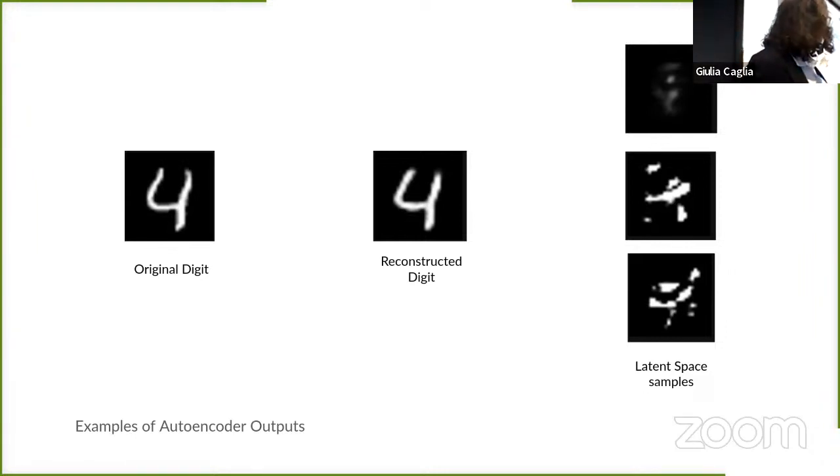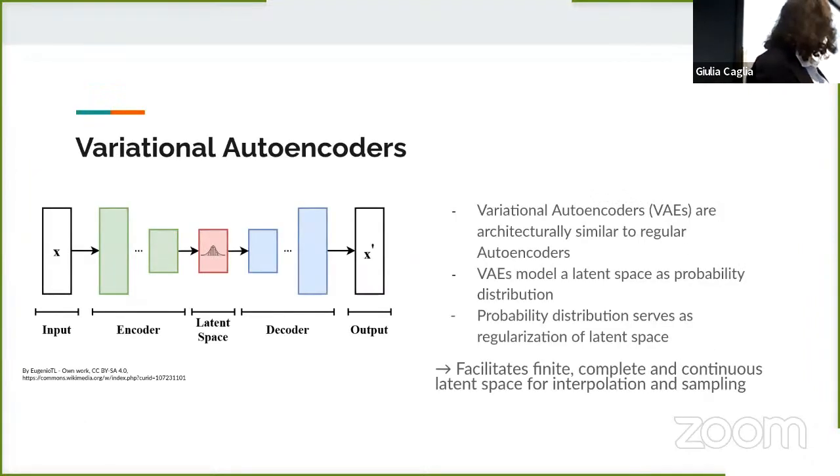Exactly. Now, as opposed to this unrestricted latent space, we have variational autoencoders, which are conceptually quite similar in the sense that you have an input, an encoder model, a latent space, a decoder, and then hopefully the same output. But as opposed to the regular autoencoder, a variational autoencoder does things differently.